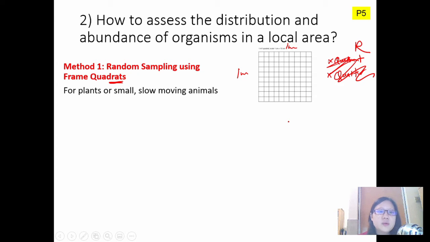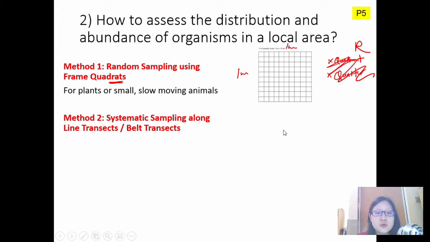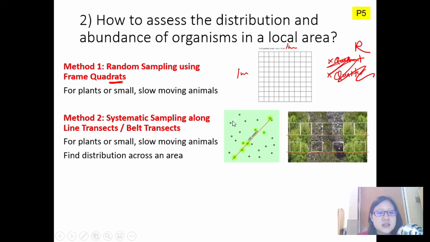The next method we're going to learn is method 2, which is systematic sampling along line transects or belt transects. This is also for plants or small, slow-moving animals, and the difference from random sampling using frame quadrats is that it is used to find the distribution across an area.